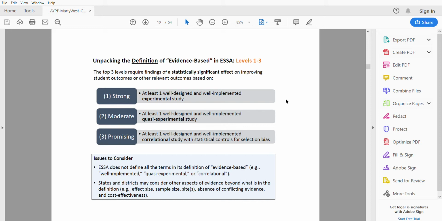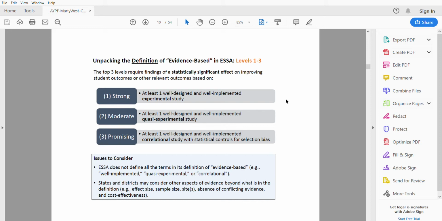So it tries to use statistics to adjust for the fact that different students choose to enter a program or not. And it tries to take out those student-level differences in estimating the effect of the program. So this is the lowest of these three tiers. It doesn't rise to the level of strong or moderate evidence, but it is promising. There's some evidence in support of it.